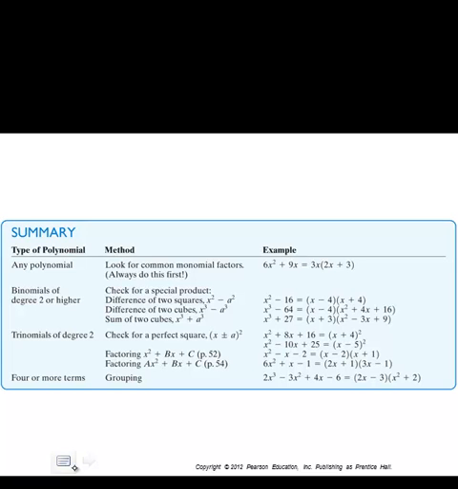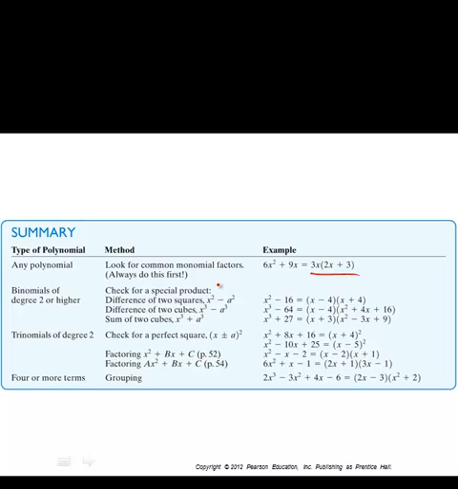Okay, so you see the summary here. This gives you some hints on how to factor some polynomials by looking for any common factors throughout all the terms that you can factor out.